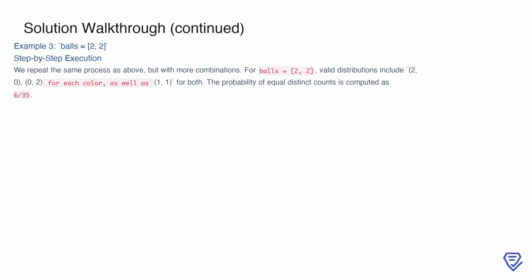A valid distribution, for example, might involve each box containing one ball of each color, resulting in equal total balls in equal distinct colors. After exploring all possible distributions and checking the base case conditions, we calculate the total valid ways and the probability. In this case, the probability of the 2 boxes having the same number of distinct colors is 6/35.